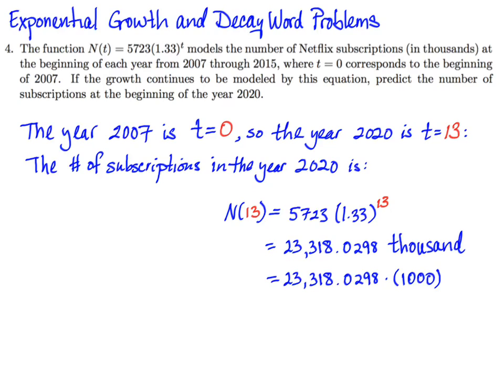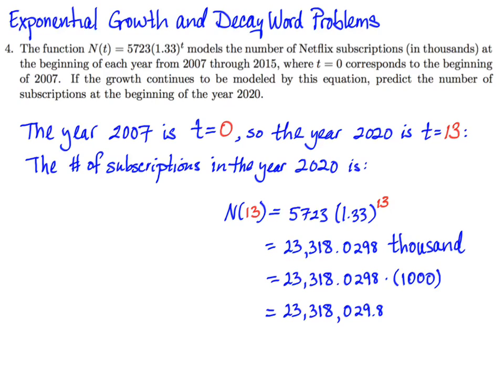When I multiply the long number by 1,000, I'm moving the decimal place 3 places to the right to make it a bigger number. And I get 23,318,029.8.